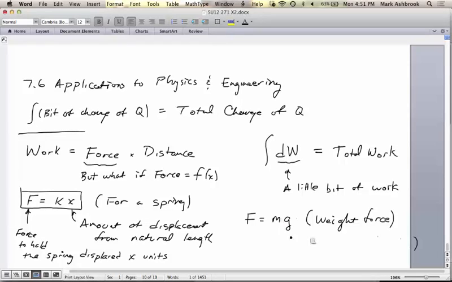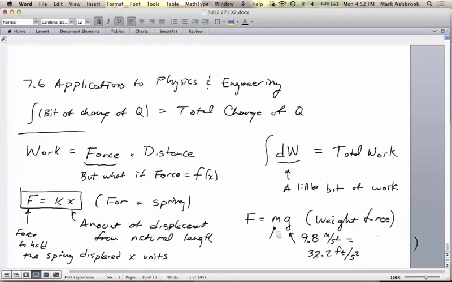Okay? g is the acceleration of gravity. And that's either 9.8 meters per second squared or 32.2 feet per second squared, depending on what system of units your problem is. We'll see both. We'll see English and we'll see metric.